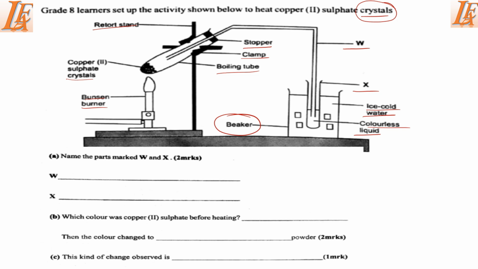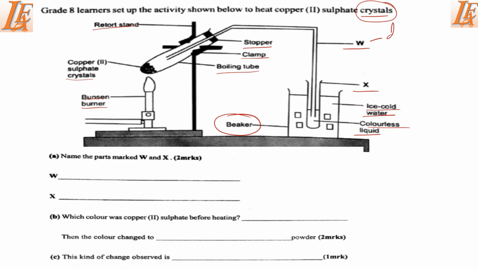So let's go to the question. Name the parts marked W and X. Part marked W, remember this apparatus is used to deliver the vapor generated when you are heating copper(II) sulfate crystals into this apparatus X. Since this one is used to deliver the vapor, it's known as a delivery tube.